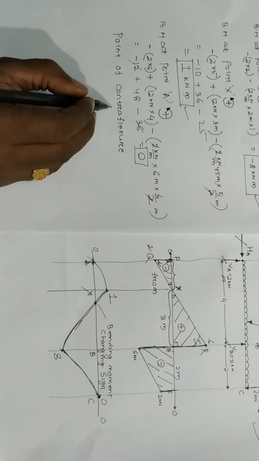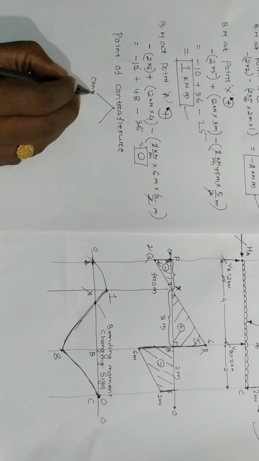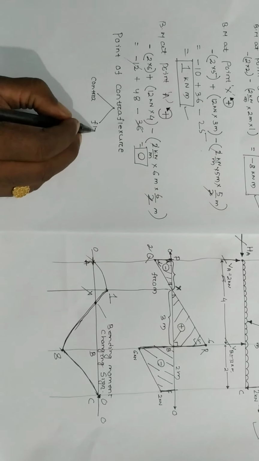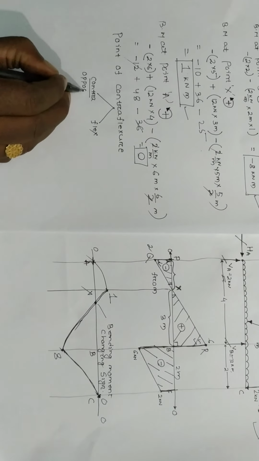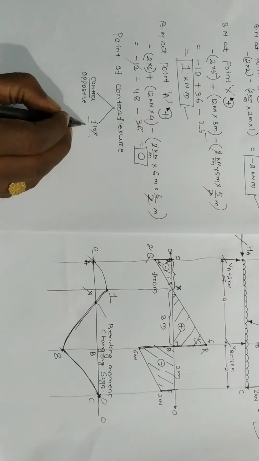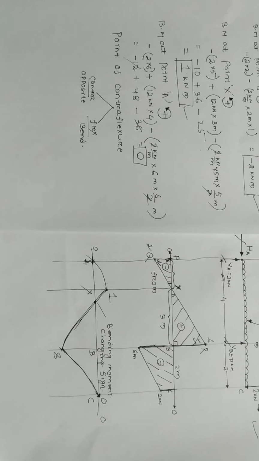This has come from two words. One is contra, another is flex. Contra means opposite and flex means bend. Opposite bending. Here you see.